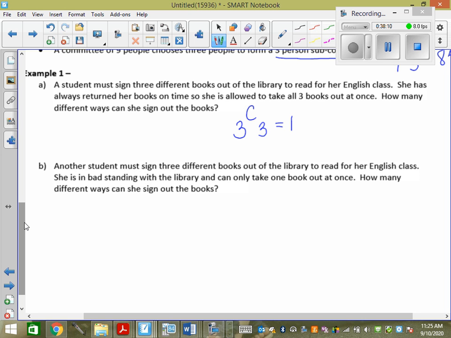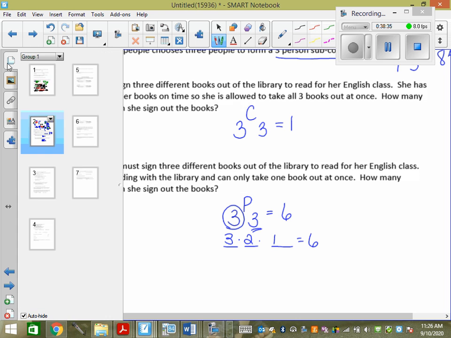So she's taking out 1, so that one has 3 options for that first month, then 2 for the next month, then 1. So I could go 3, 2, 1, or I could go 3P3, which is actually 6. Because 3P3 stands for, I have 3 blanks, right? That's what that 3 is. 3 blanks, and I start at the number 3. 3, 2, 1, which is 6.